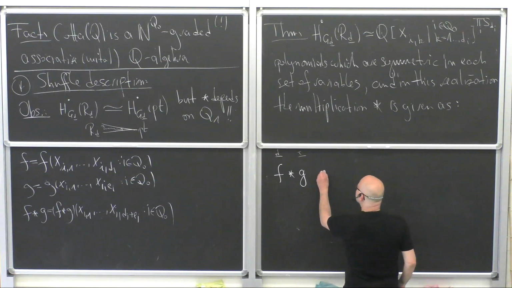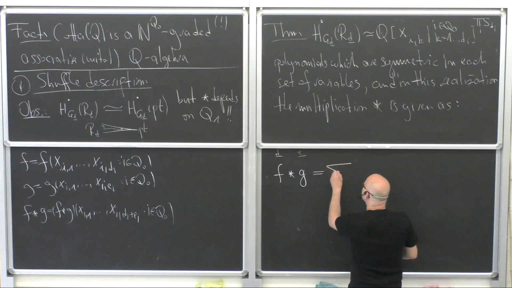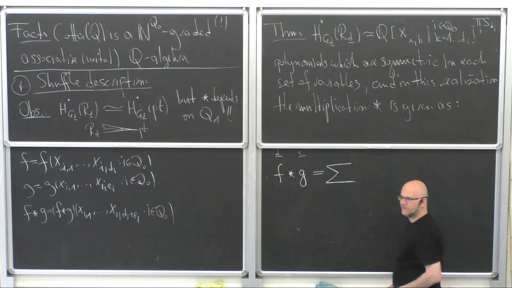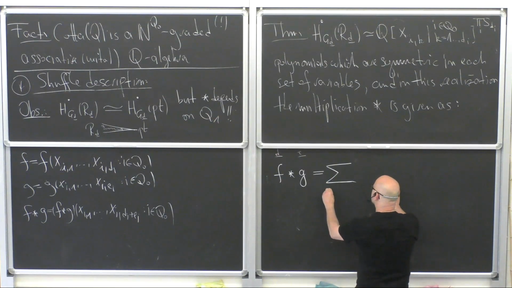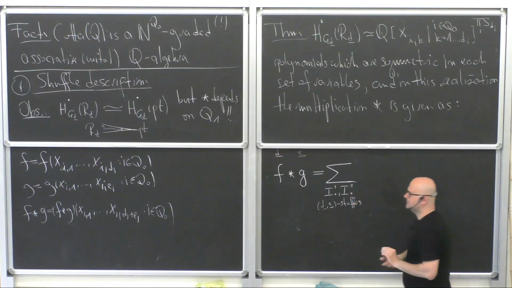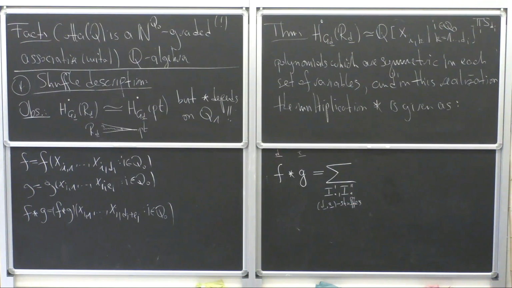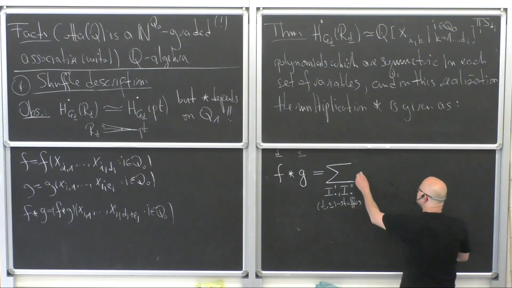And now here, to compute this, you are taking the sum over all d,e shuffles. And I have to tell you what d,e shuffles are. So I', I'' d,e shuffles. It's a standard object in algebraic combinatorics, but we can understand it very easily.